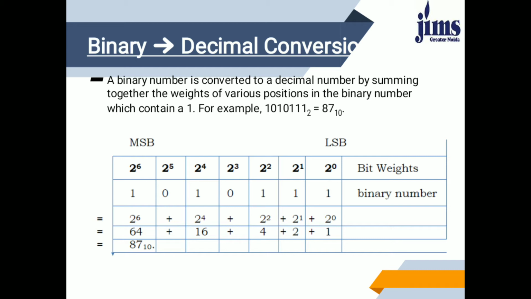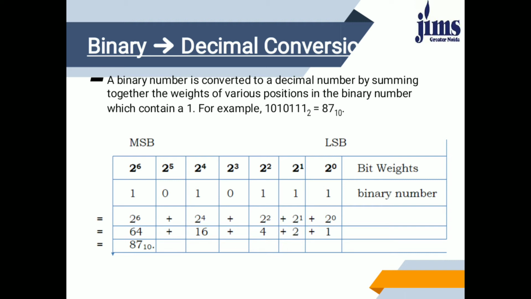That means the 0th position is defined by 2 raised to power 0, the first position by weightage 2 raised to power 1, the second position by 2 raised to power 2, the third position by 2 raised to power 3, and so on. We multiply each weight with the corresponding digit, and then add everything. The answer is the converted value of binary into decimal.